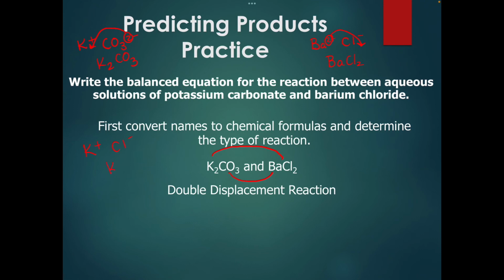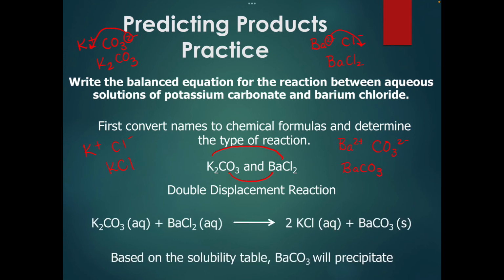Those charges are equal and opposite, so we'll just get KCl. When barium, Ba2+, reacts with carbonate, CO3 2-, those charges are also equal and opposite, so they cancel out, and we'll get BaCO3. So potassium carbonate and barium chloride react together to make potassium chloride and barium carbonate. Then obviously you would need to go through and balance the chemical equation.